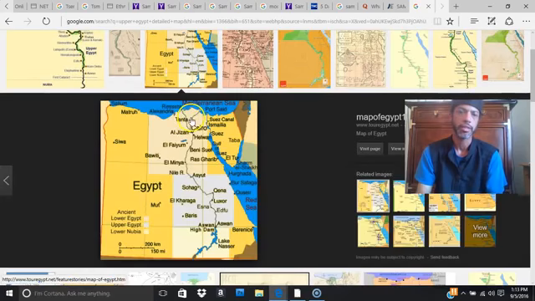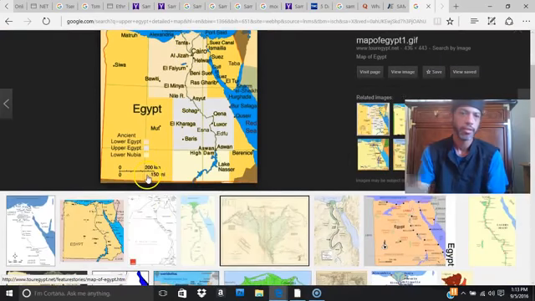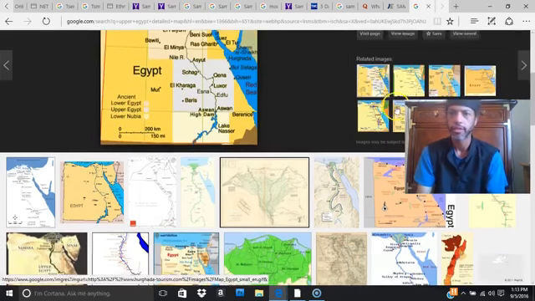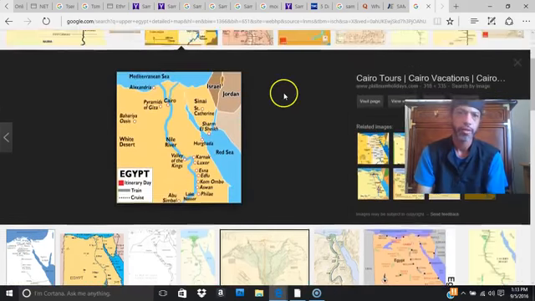I'm just gonna click on one of these, and then they show the different color systems is upper and lower. See the red line is the boundaries, right? Here's the boundaries, right? The lower, the southern boundary, right? Lower Egypt and upper, and they don't give you very good colors there, do they? Let's see if we can find another one.